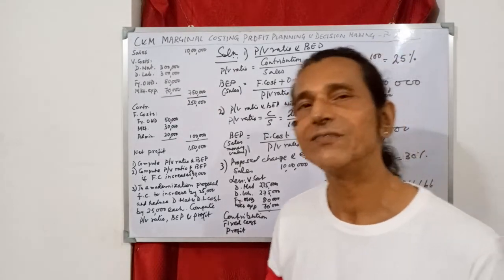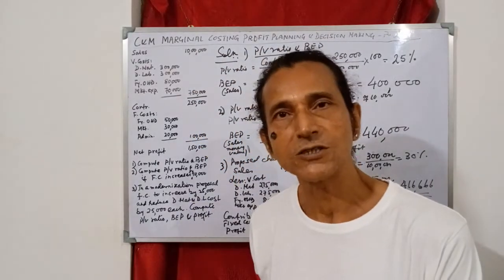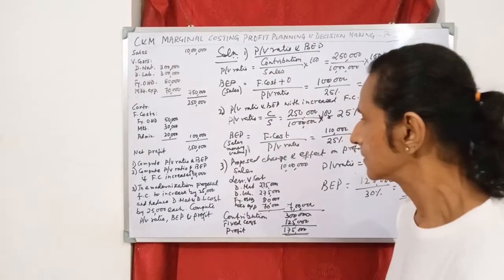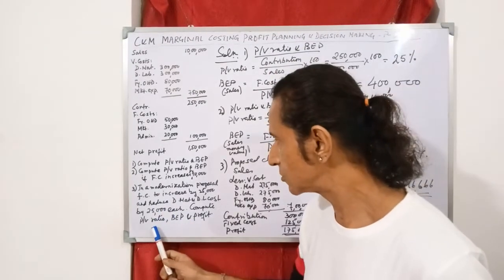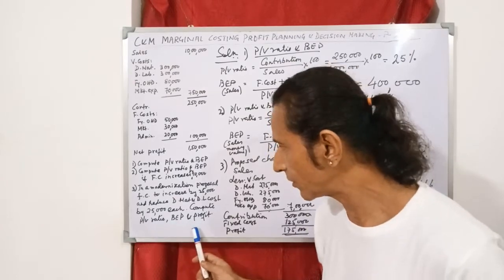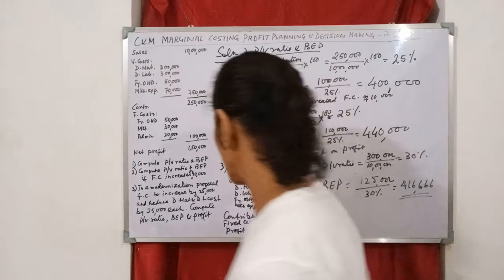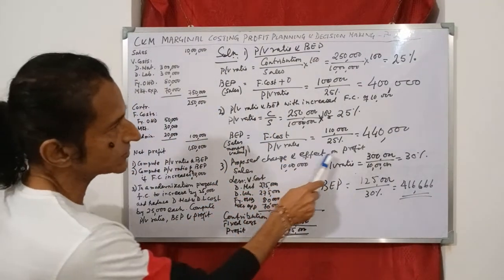So the total variable cost will fall by 50,000, and the total fixed cost will increase by only 25,000. And we have to find out the PV ratio, break-even point, and profit if the new proposal is accepted and implemented. So the third part is proposed change and effect on profit.